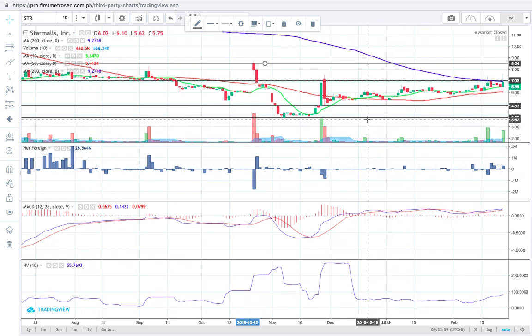Okay. Now I hesitated to plot a horizontal line somewhere here because I think there's no need to do that. Why? We can see the intersection between the 10 SMA and 50 SMA, the green and the red line here. So we can use that as a midterm support somewhere at 5.40 for STR. Okay, we can see that intersection already.